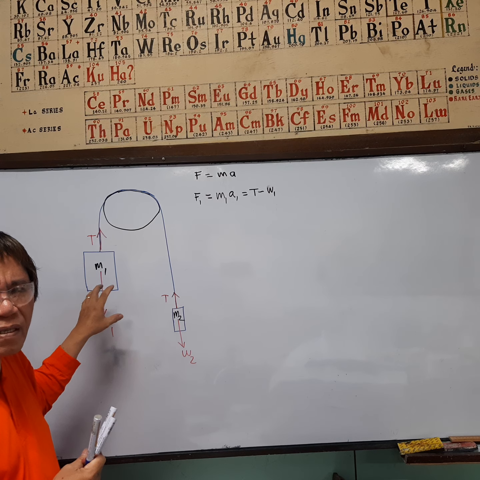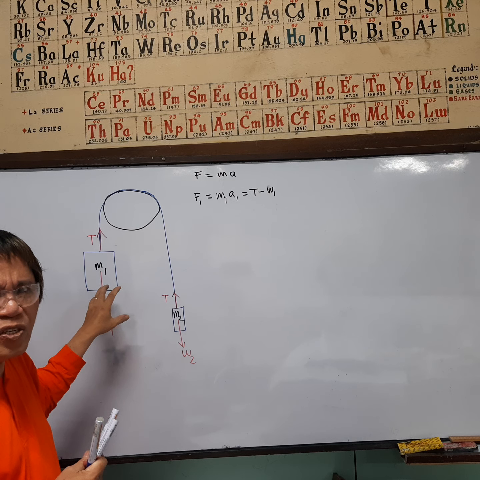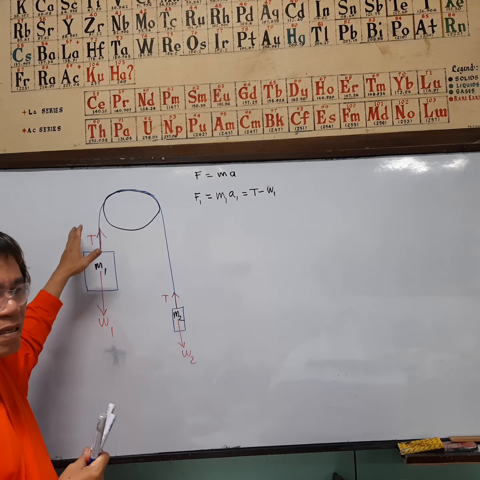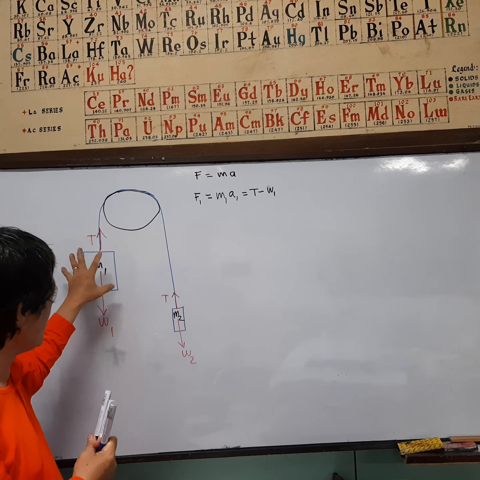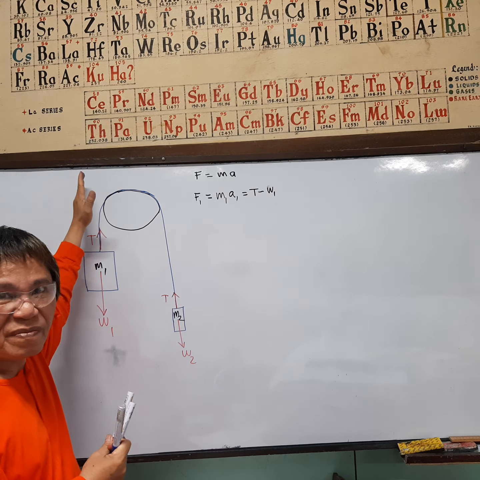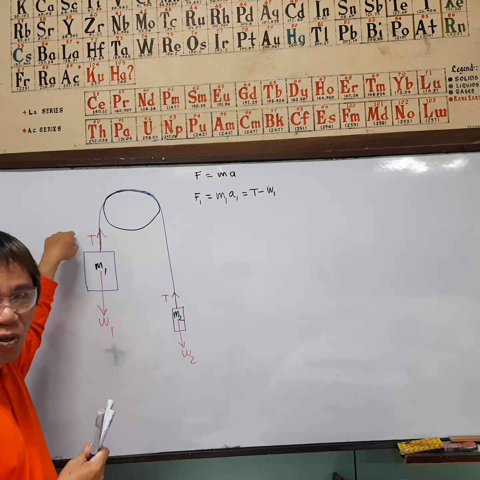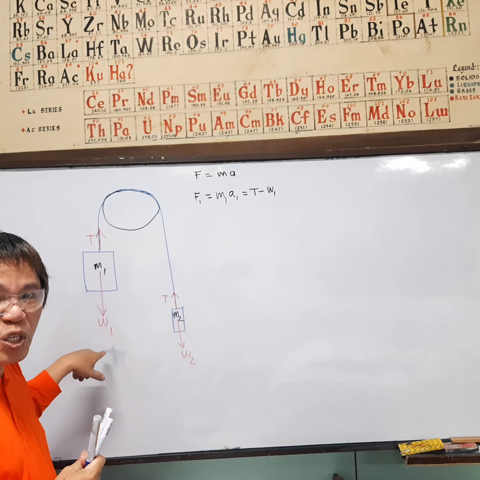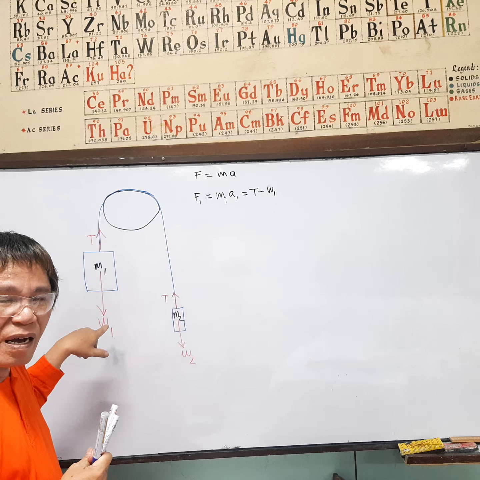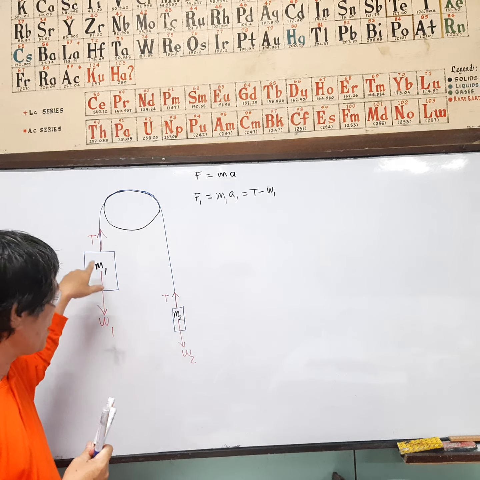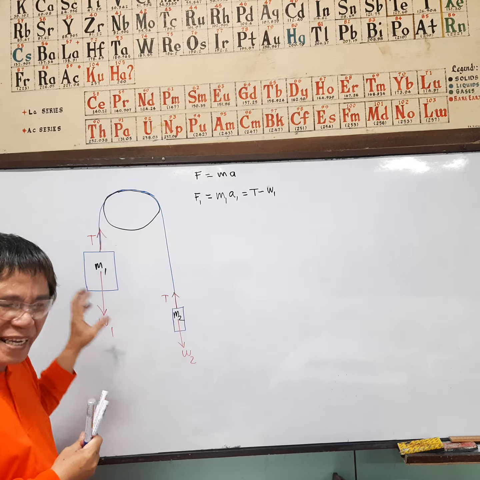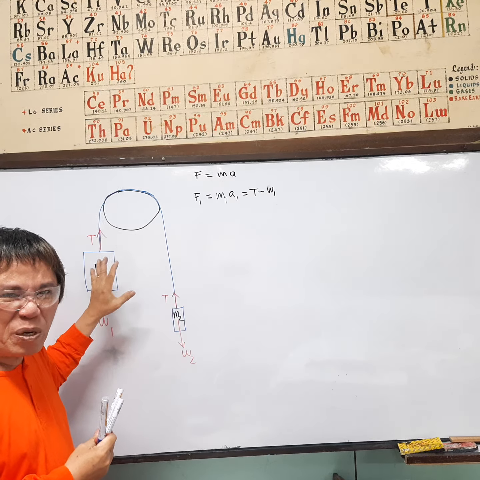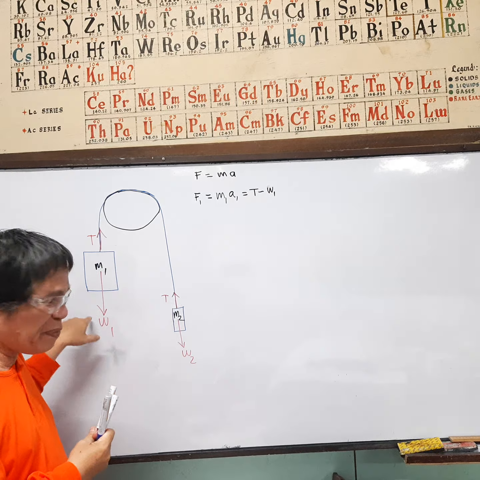Why do we say that there is greater force in tension against W1? Well, the problem is telling us that this cage is moving upward. So the tension is stronger than the weight 1. Weight is also a force, but compared to the strength, tension is stronger. Again, the cage is able to go up. If it is not able to go up, instead going down, this one is stronger.